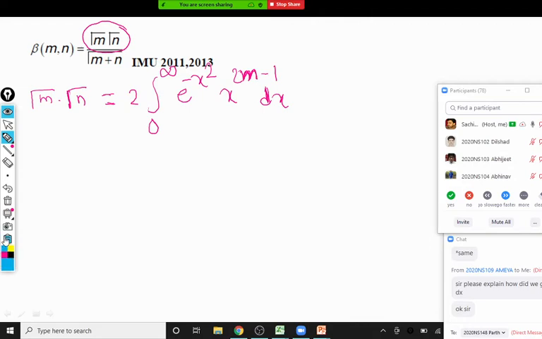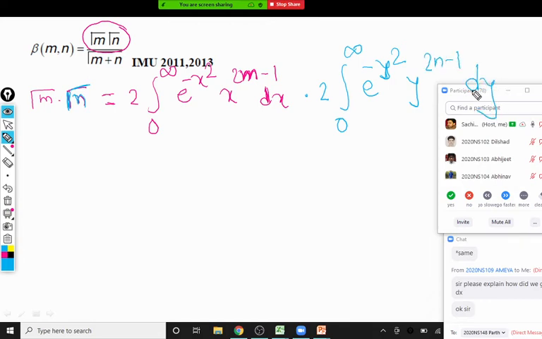Now the same thing I will do for gamma n. I will write the value of gamma n by the second definition. So into 2 times integral 0 to infinity. Now we know this inner variable is a dummy variable. You can write any variable inside. So I'll write e raised to minus y square, y raised to 2n minus 1 dy.